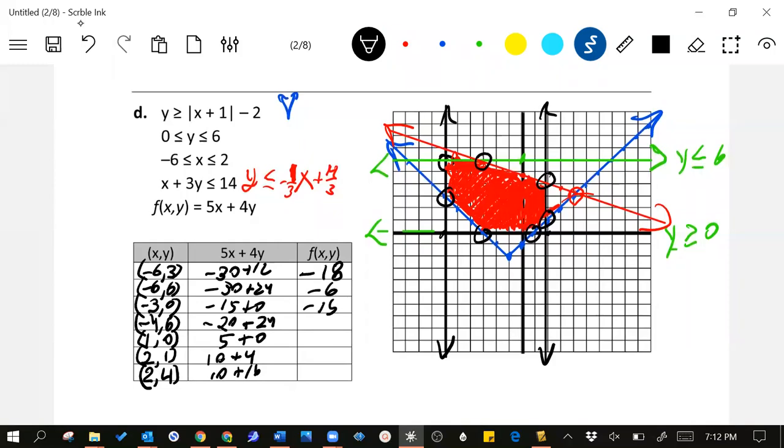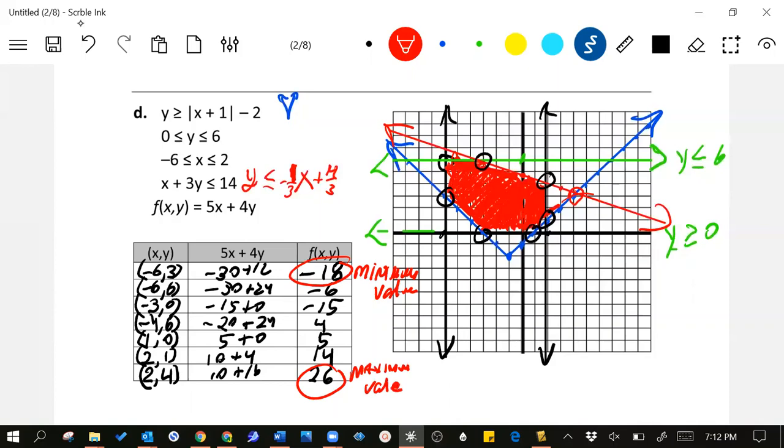Actually can fill out such a thing. 15, 4, 5, 14, 26. Now, what's that show us? Our minimum value is here and our maximum value is here. Minimum value. Maximum value.